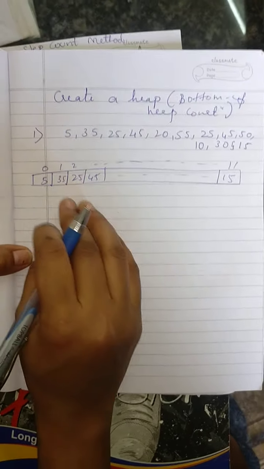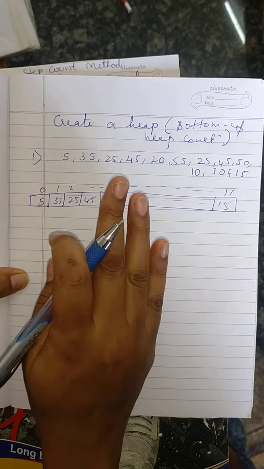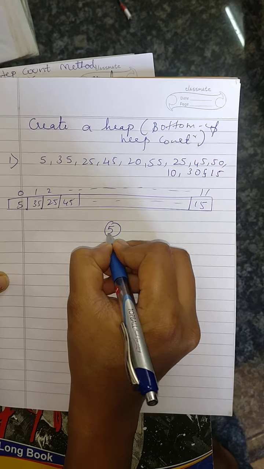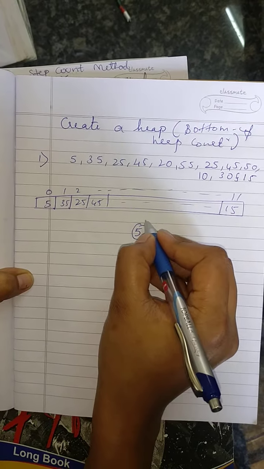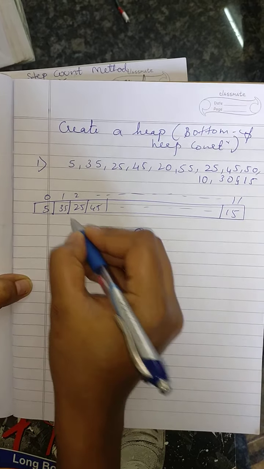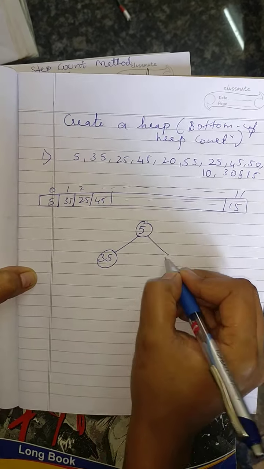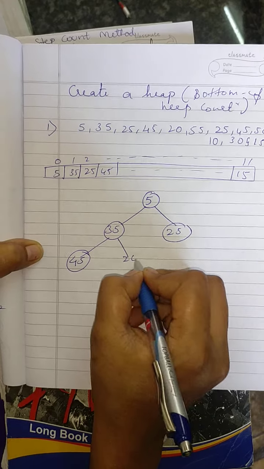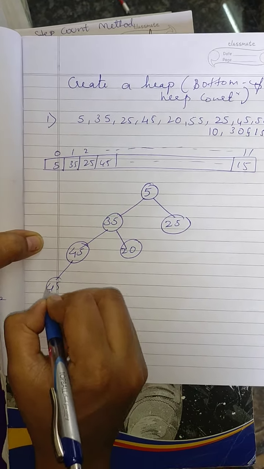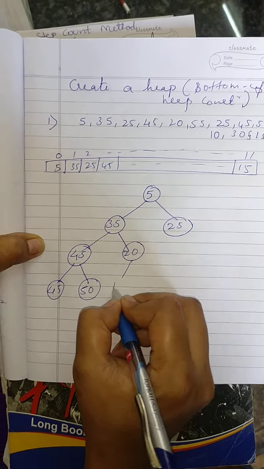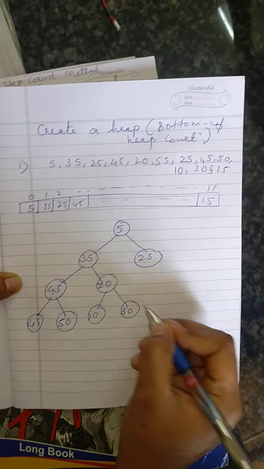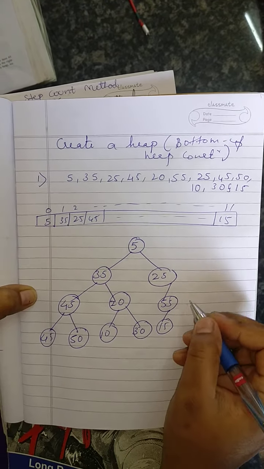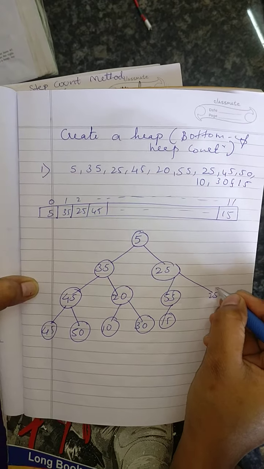Next, the above array elements you have to represent in the form of a tree first. Which is the 0th position, as I explained in the previous one. This is the parent, child should be written: 5, which has a left hand child 35, right is 25, next is 45, 20, again this is having 45, 50, 10, 30, this is having 55, again on the left hand side 15, and towards this 25 on the right hand side you also have 25.